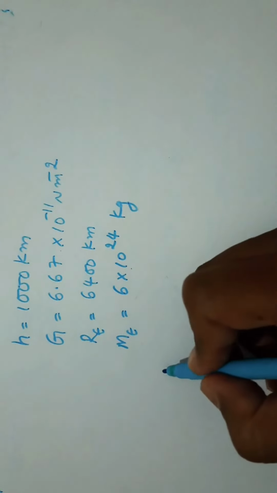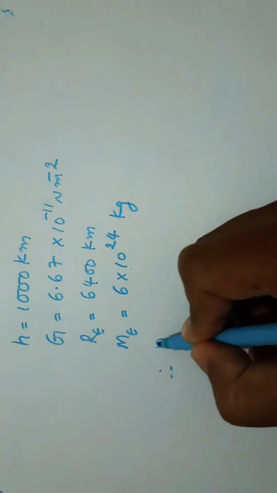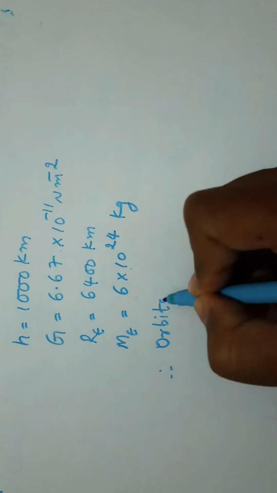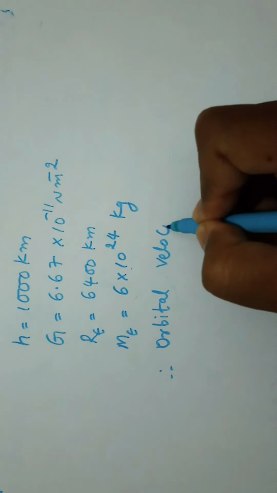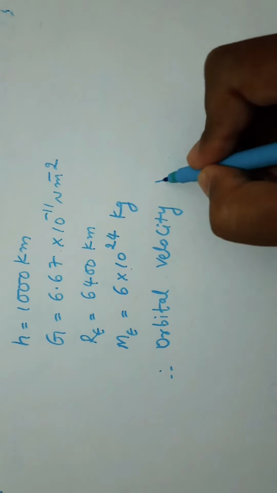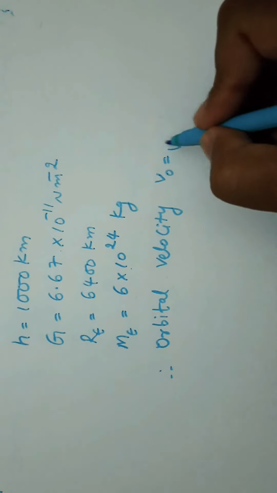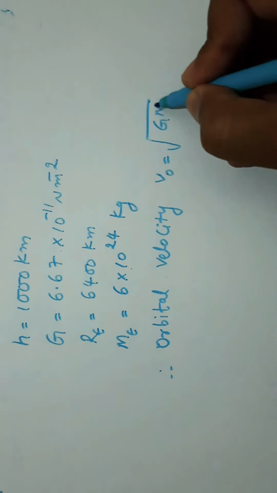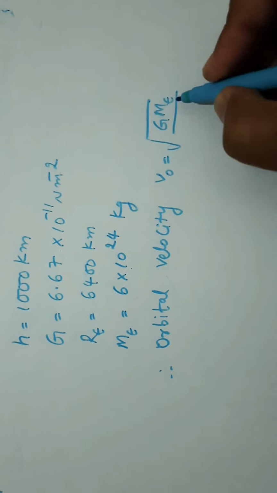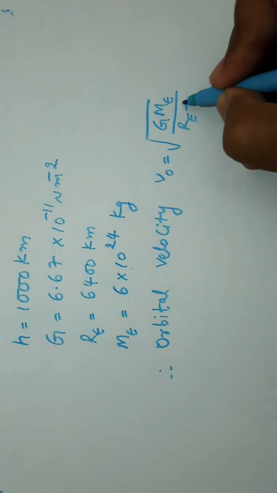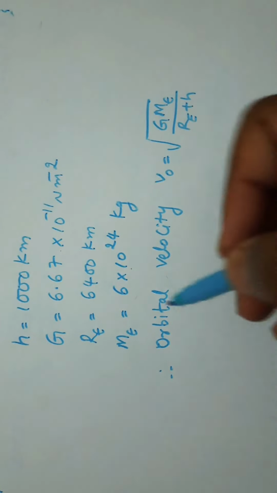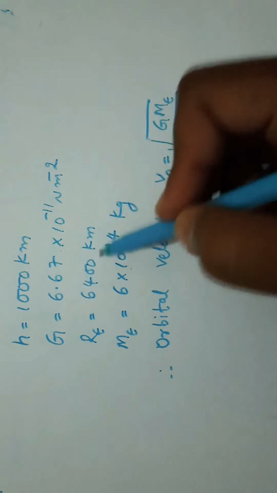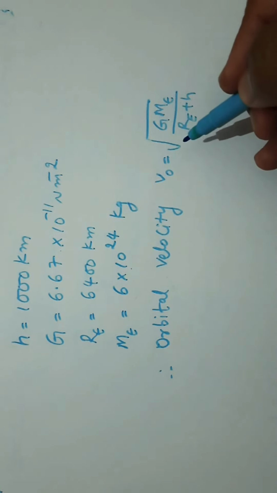So we have a formula for orbital velocity: v0 is equal to the square root of GMe by (Re + h).